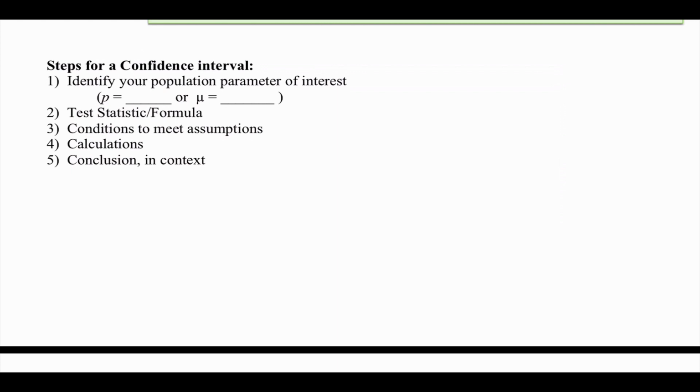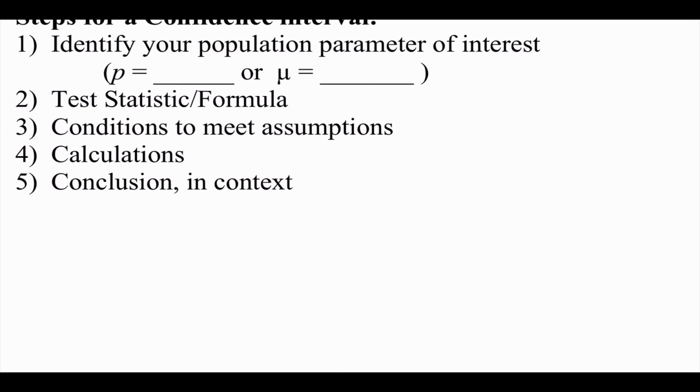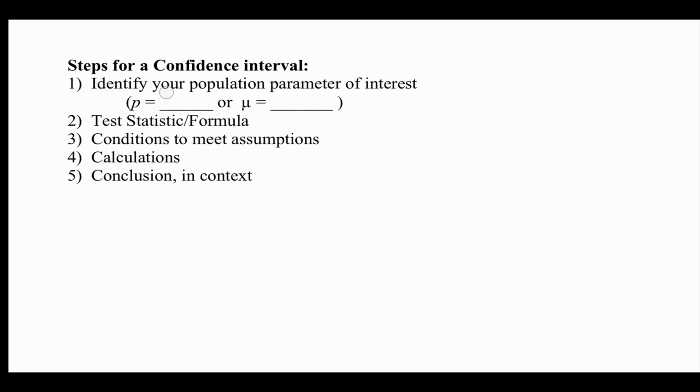Identify your population of interest. If it's p equals, it's always going to start with true proportion. If it's mu equals, it's true mean. Okay.